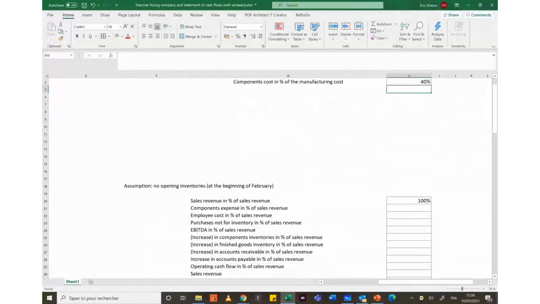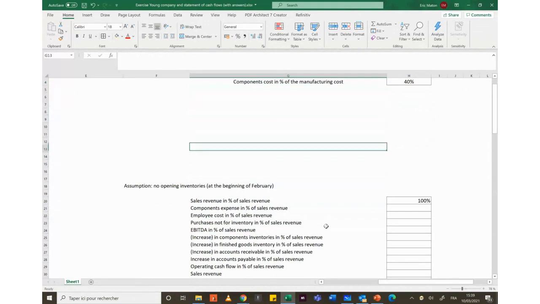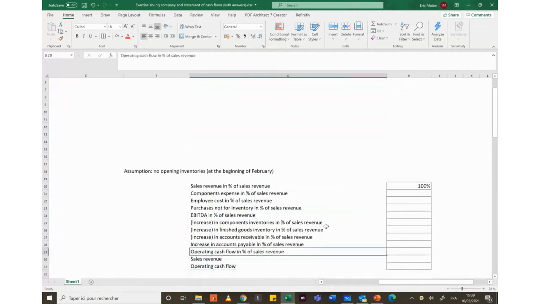So if I suppose this, I can eliminate. I have the same problem with the employee cost and so on. It will be very complicated. Or in the other case, I keep the change inventory.